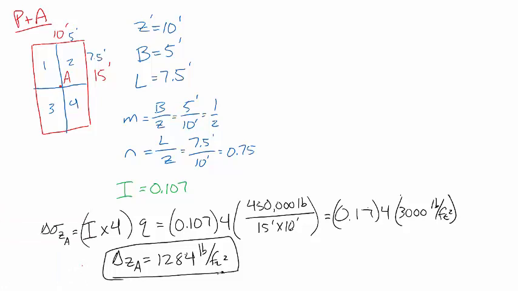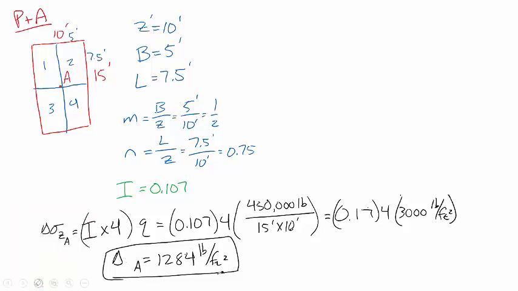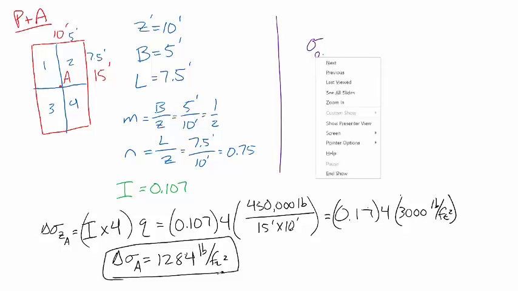But it also asks us for the total stress at point A. Well, to calculate the initial geostatic stress at point A, we need to know what the unit weight of the soil is.